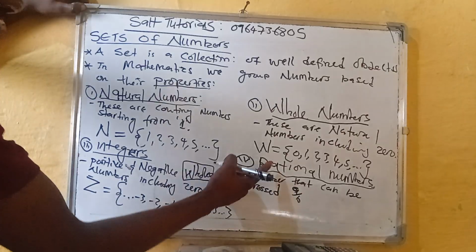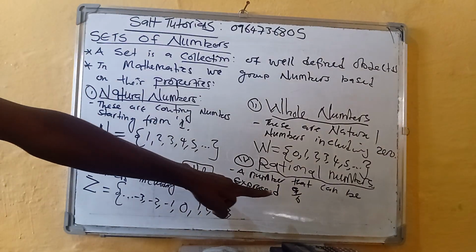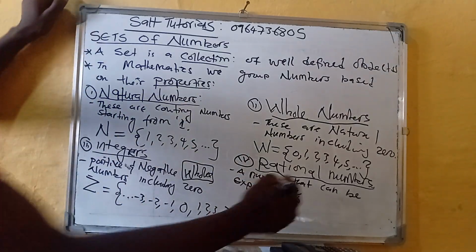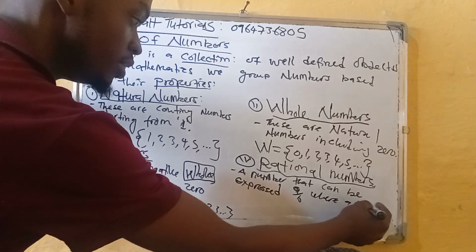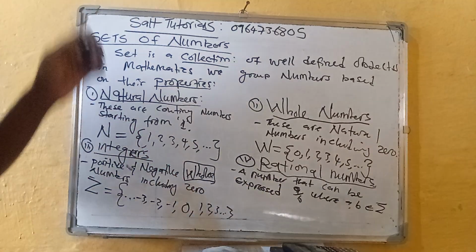So this guy, a rational number, should be expressed in the form of a over b, where a and b should be from the integer set.